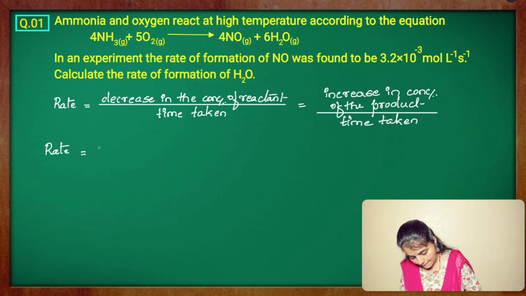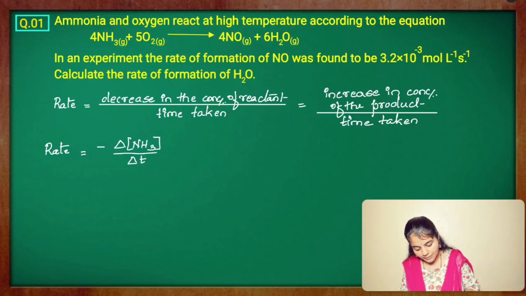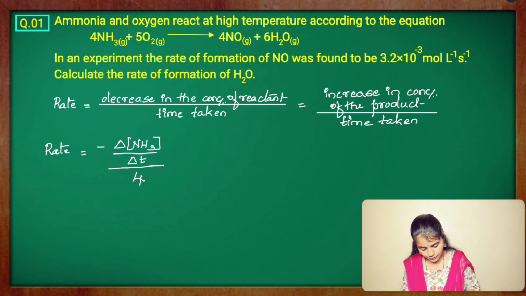So it is minus delta concentration of NH3 divided by time taken, that is delta T. So since we have the stoichiometric coefficient 4 with respect to NH3, we have to write minus 1 by 4. So instead of writing that in the front of delta concentration of NH3 divided by delta T, I'll write it in the denominator. So it is divided by 4.